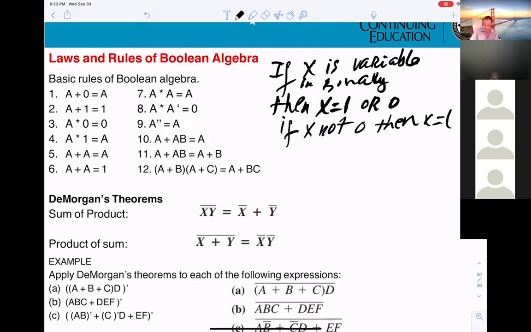Now Boolean algebra is basically used to simplify the circuitry. For example, you want to design the circuitry, and it has too many gates in that design. Then they cannot build it right away. They have to use Boolean algebra to get a similar thing, but with a minimum number of gates.